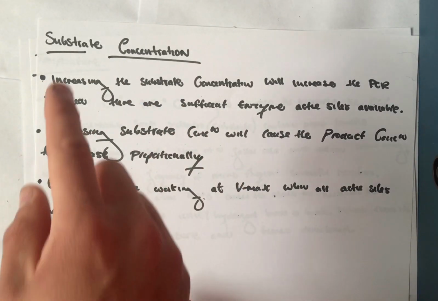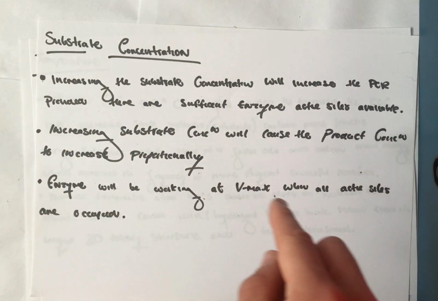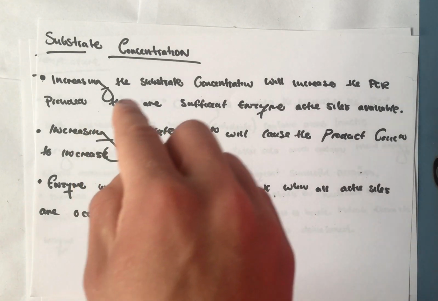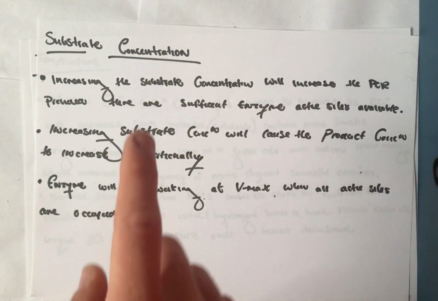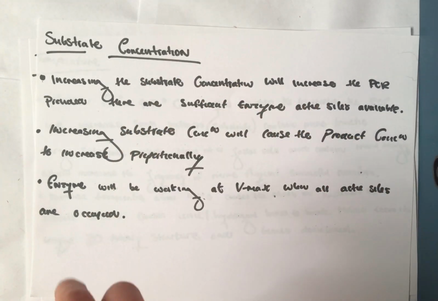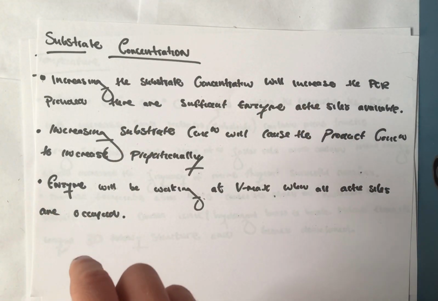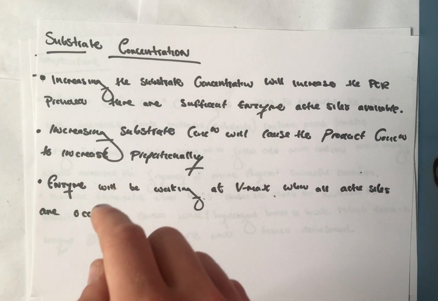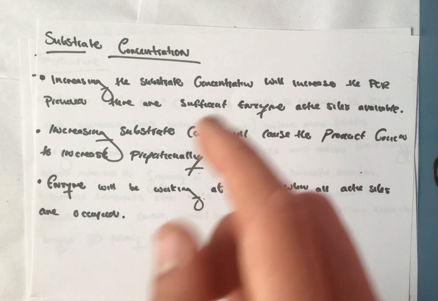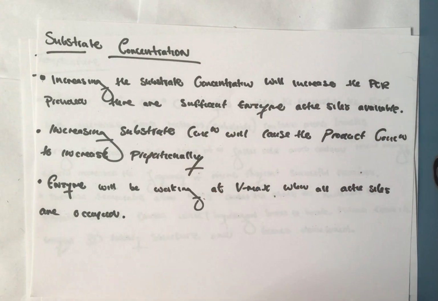If you think of a graph of rate of reaction against substrate concentration, increasing the substrate concentration will initially cause the rate of reaction to increase. However, once the substrate concentration goes beyond the enzyme concentration, the graph will begin to plateau, because now the enzyme concentration is known as the limiting factor.